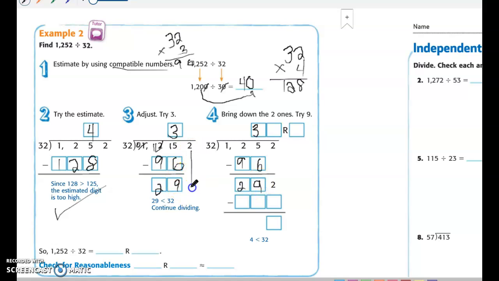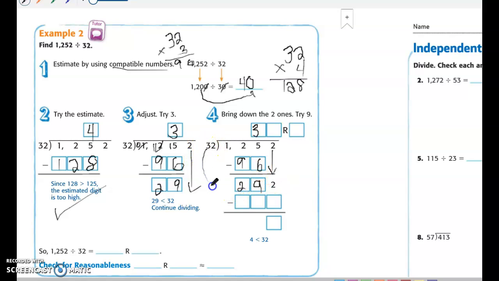My next step was to bring down the 2. So let's bring down the 2. Now what's my new number? 292.